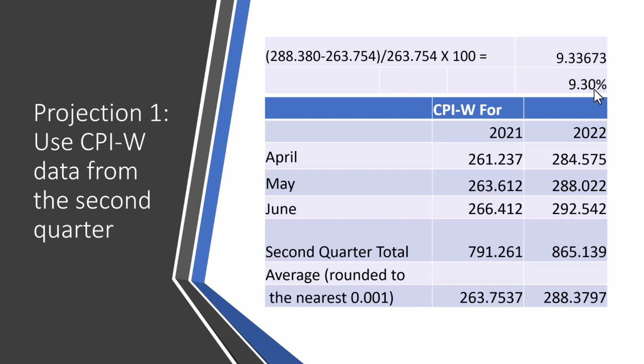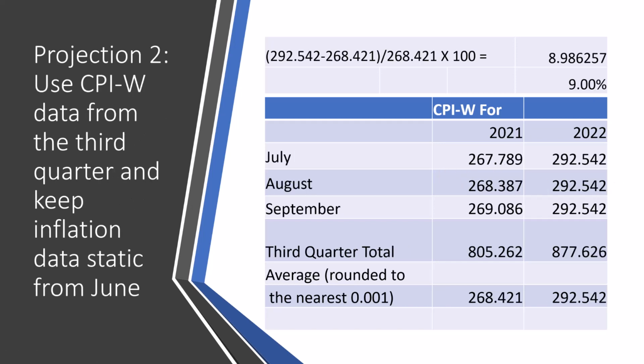Now in our next example, let's see if we can get the CPI data from the third quarter, but let's keep the June CPI number static all the way through. This would assume that from here on out we have no increase or decrease in the CPI-W number. And if it was so, the CPI-W number would be 292.542.